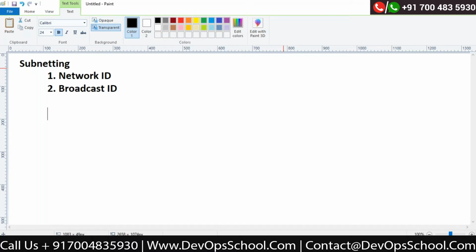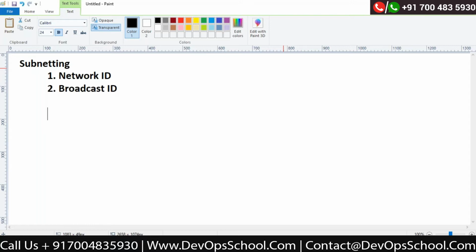This is applicable to every network which you are using, class A, class B, class C, whatever networks you have, correct? Every network has some network ID. Network ID means the number which can identify the entire network as an identity.